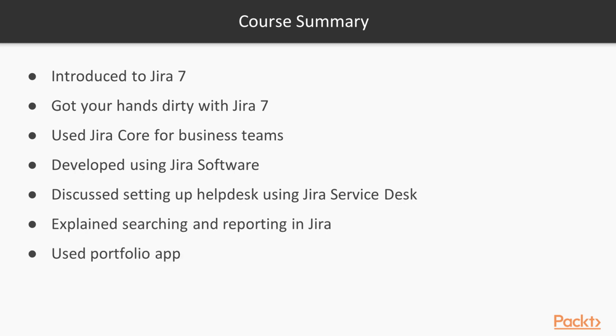And finally, we spent time on the portfolio app, which is one of the most popular agile road mapping add-ons from Atlassian, and we understood how we can use portfolio for not only planning of your project, but at the same time you can use it for tracking and creating different what if scenarios.